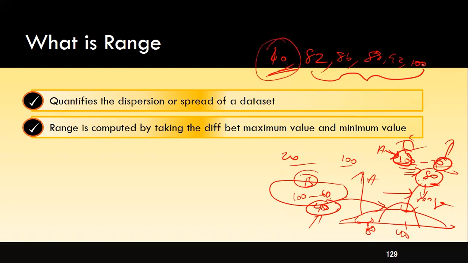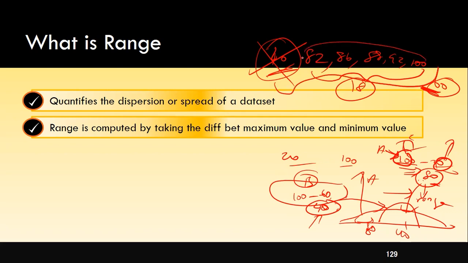In this case, if you find the range, the minimum is 40 and the maximum is 100, so 100 minus 40 is 60. If you exclude 40, let's say you don't have 40 at all, what is the spread? 100 minus 82 is 18. So the 60 tells us the spread is too wide, even though it is not.